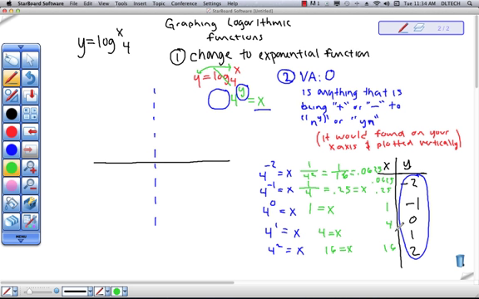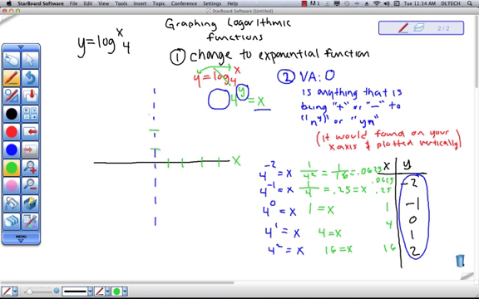Now that we got our x's, we're going to go ahead and plot them onto the graph. So the first thing is, we're going to go to the x-axis, go to 0.0625, this would be our 1, our 2, our 3, our 4.